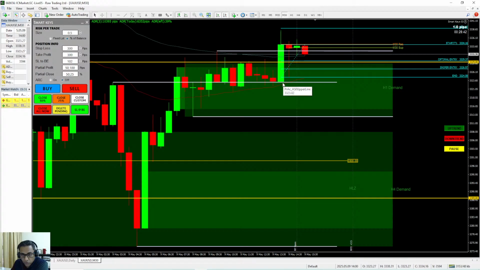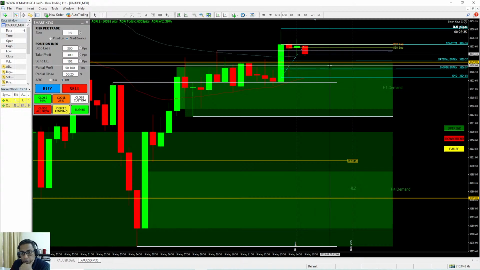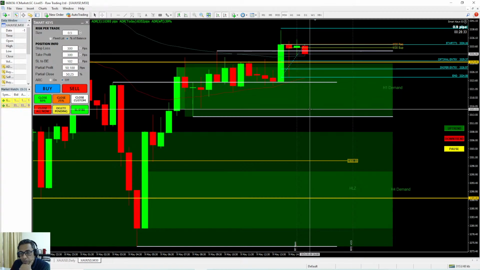And this one has no bottom wick, this candle. Just got to be careful. Price can come much deeper in. The safest stop loss is always under the liquidity candle.